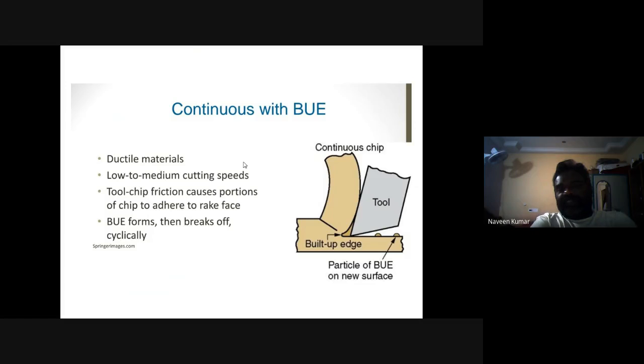Stop. This accumulation leads to the formation of built-up edges. Full stop.